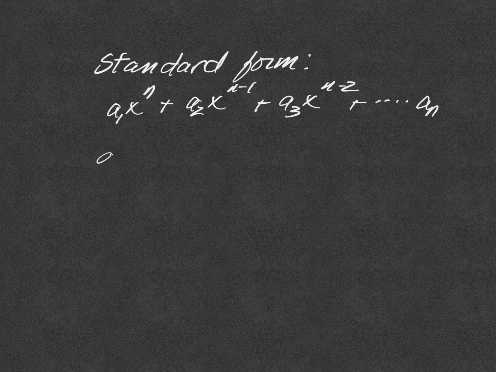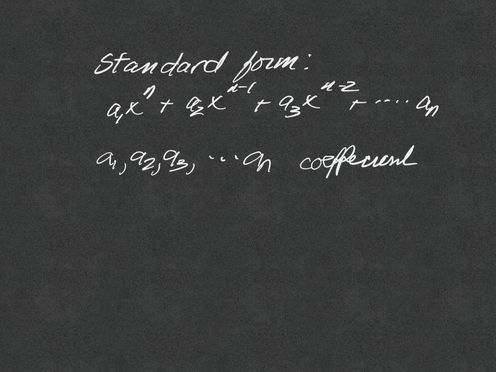The a sub 1, a sub 2, a sub 3 are just a way to list the coefficients: the first coefficient, the second coefficient, the third coefficient, and they're real numbers. A sub n, of course, is the constant coefficient or the constant term.